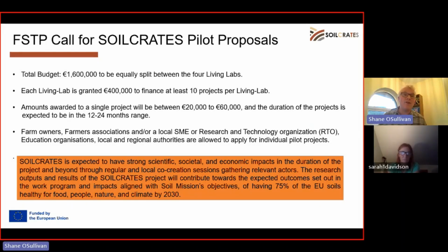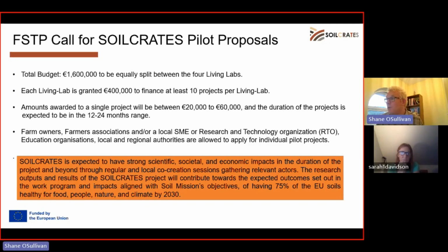And so we will be encouraging all applications to go to that upper range limit. And hopefully, if the Soilcrates Living Lab is successful, we may be able to find alternative funding in years to come, maybe to extend this out further.